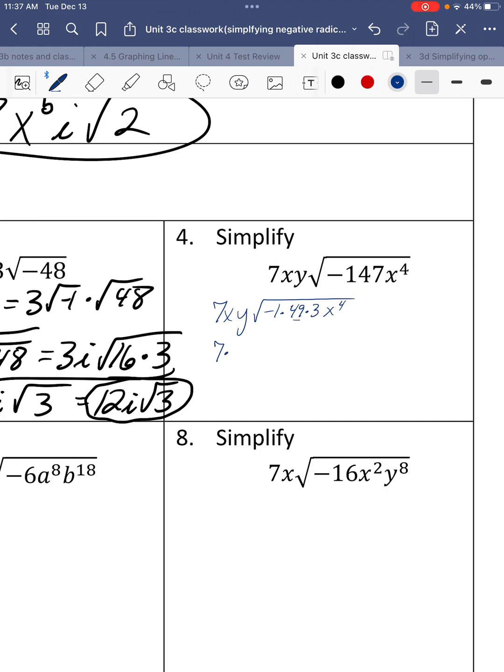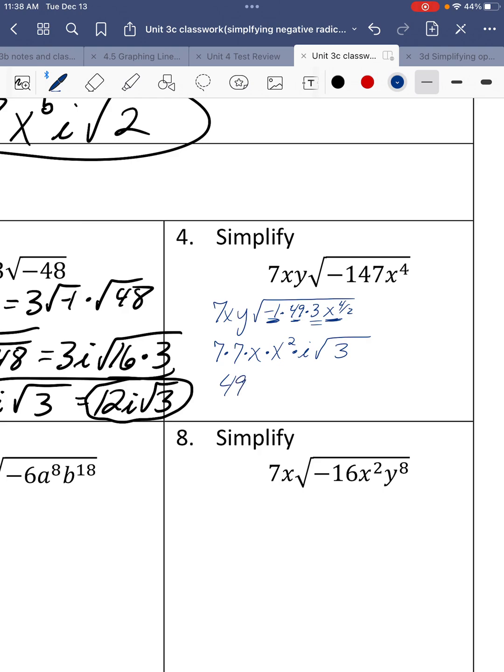And coming down here, we have 7 times the square root of 49 is 7. And then times x. And the square root of x to the 4th is x squared. You're dividing the exponents by 2. So it's x squared. What's left over, well, we have the square root of negative 1 is i. What's left over is just the 3.